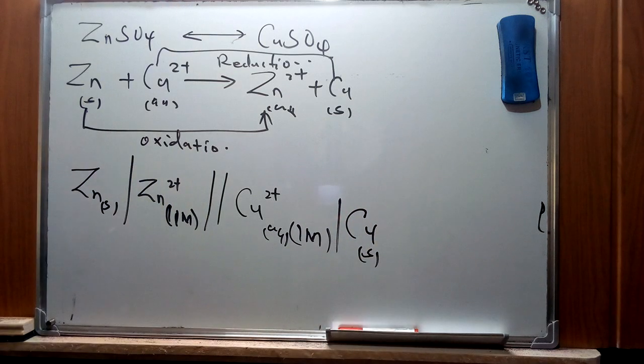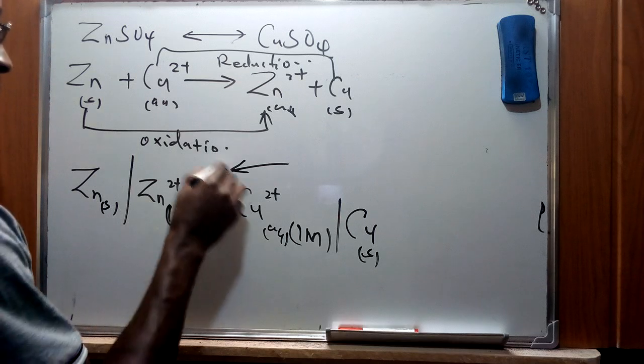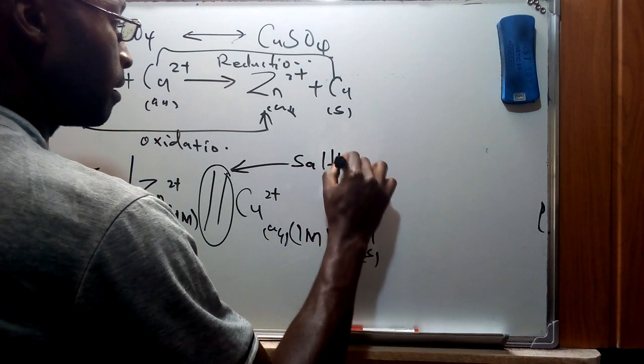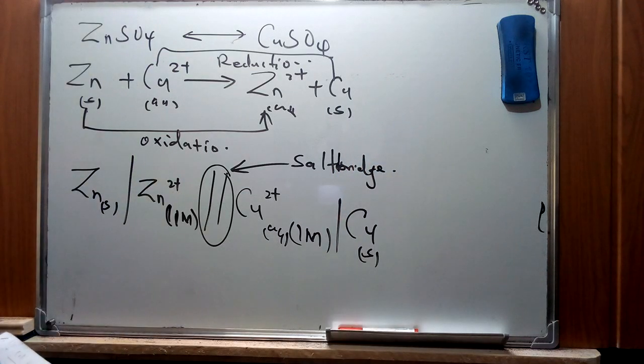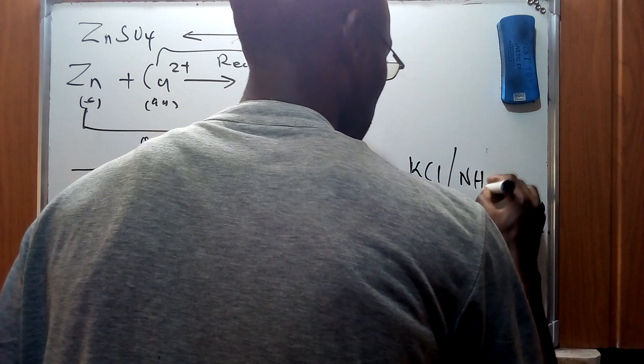So just like that. So in between this cell notation, there is a symbol which I've referred to as a salt bridge, which basically is made up of, as I said, saturated potassium chloride or ammonium nitrate.